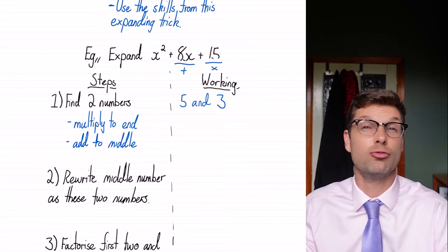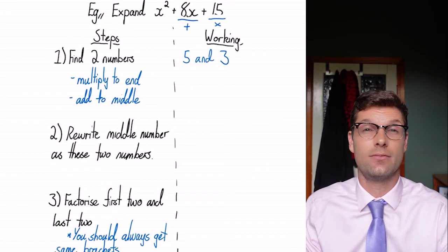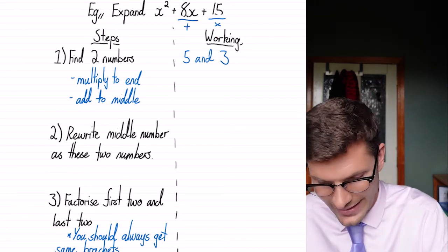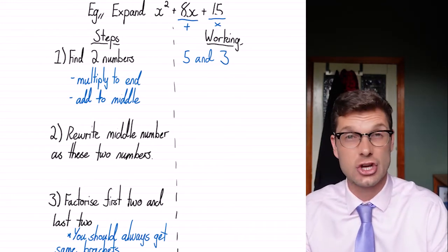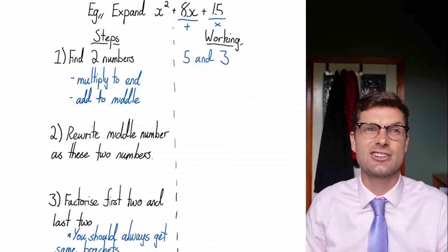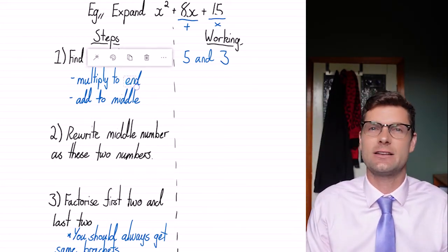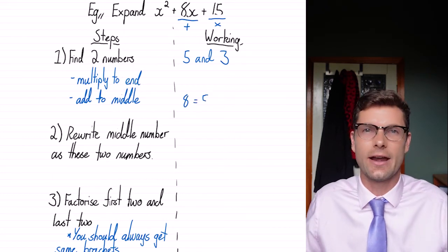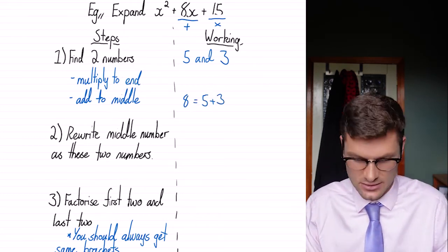The next step is we're going to rewrite the exact same formula, but instead of writing 8x, we're going to change this into 5x plus 3x. It's just like writing 8 as 5 plus 3. It's just a long version of writing it, but we're going to throw those x's in as well.